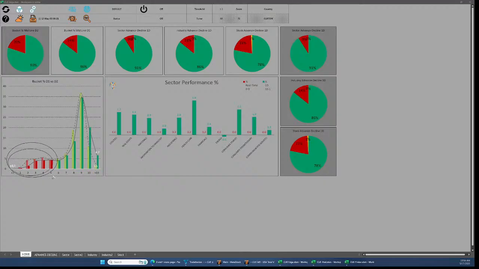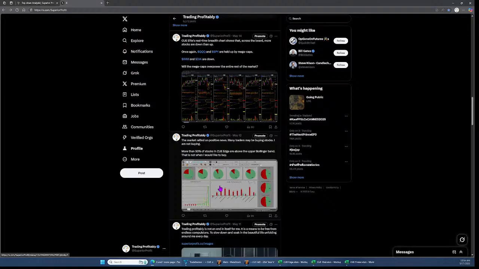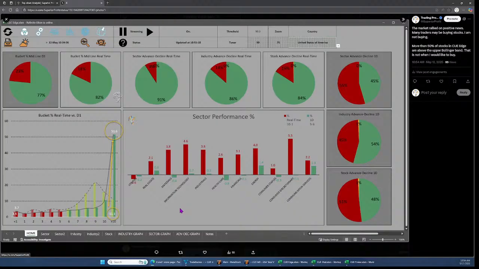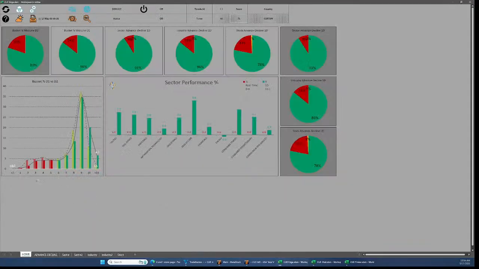Notice the graph pattern here now below mid Bollinger Band, and if I go back to the tweet, that was also here, also it was down, now also it is down, but there is a shift.